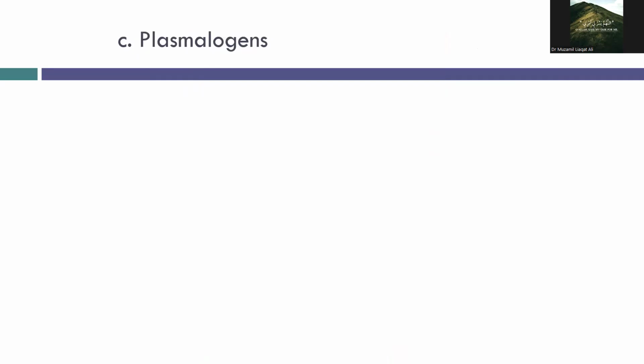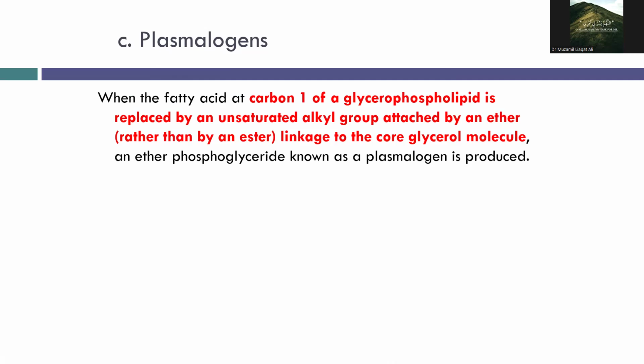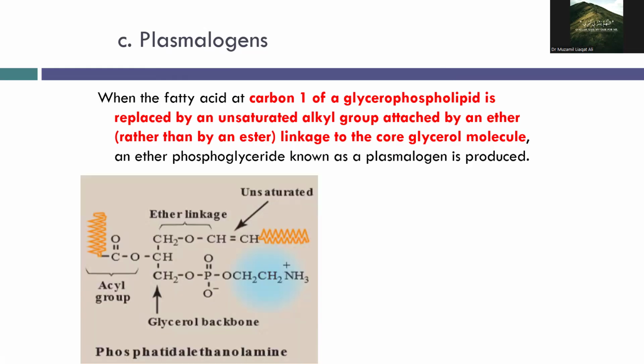The next one is the plasmalogen. Ether lipids where the fatty acid at carbon number 1 is attached by an ether linkage, not by the ester linkage. So plasmalogens are abundant in nervous tissue, as phosphatidylethanolamine, and in heart muscle, as phosphatidylcholine.